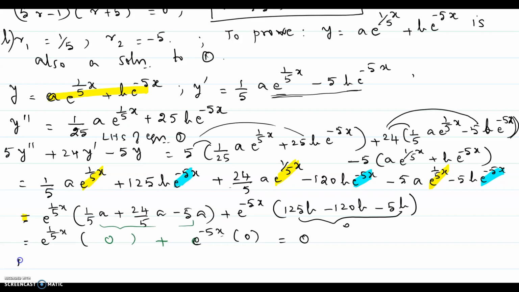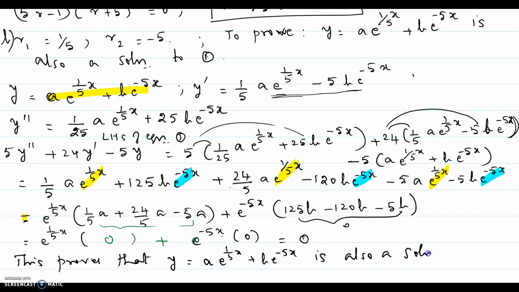This proves that y equal to a e to the 1 over 5x plus b e to the negative 5x is also a solution to the differential equation 5y double prime plus 24y prime minus 5y equal to 0. Hope this video helps.